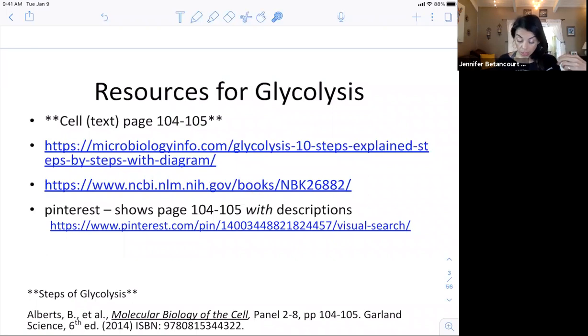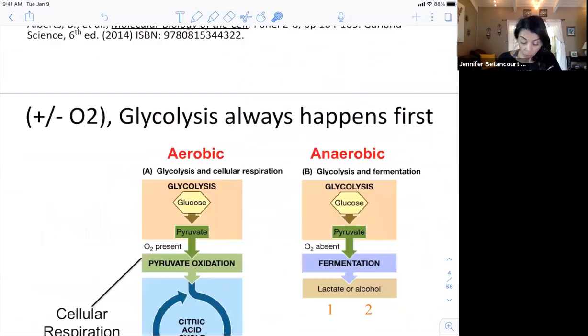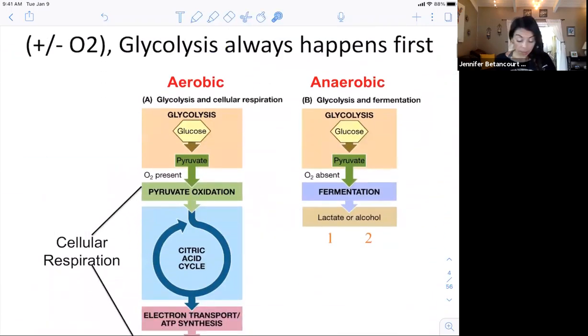You'll see that it's another textbook. And I secretly found this on Pinterest. Somebody posted these to Pinterest. So if you don't have the textbook, don't worry, you definitely have Pinterest, so go there. And there are descriptions for each step, or I should say reaction. Okay, so we can go ahead and get started.